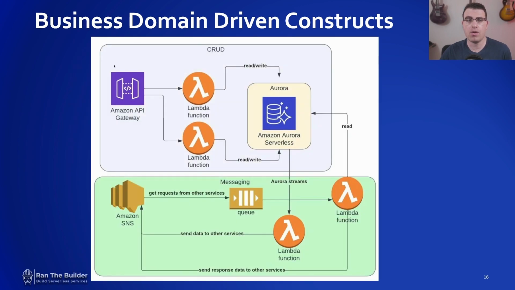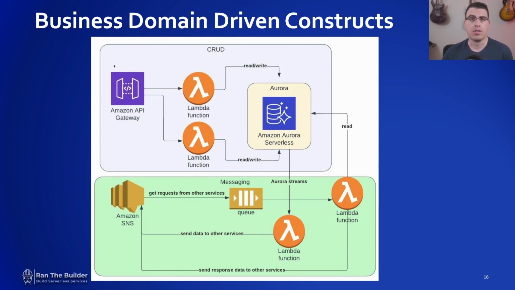And this is how I basically model the constructs. I have one construct for the CRUD, and one construct for the messaging, the asynchronous part. Now, the Aurora part, I'm going to add as another construct because it is complicated, and I might even import it from the constructs that are shared across the organization. It is its own thing.